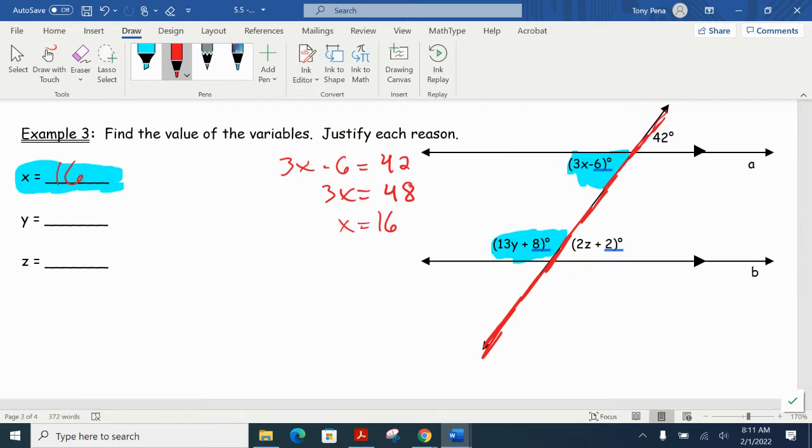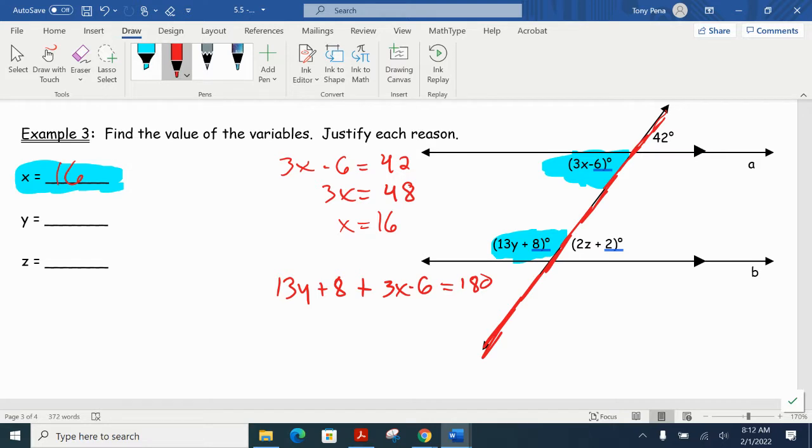So don't write this down just yet, but 13y plus 8 added to 3x minus 6 better equal 180. Initially, we wouldn't want to do this because these are different variables. We have that x and the y. However, can't we now figure out what this angle right here is?